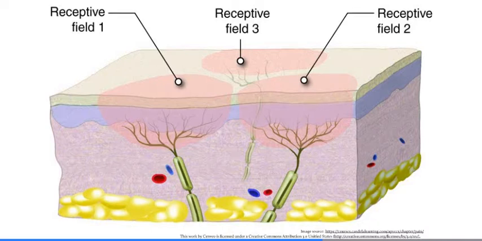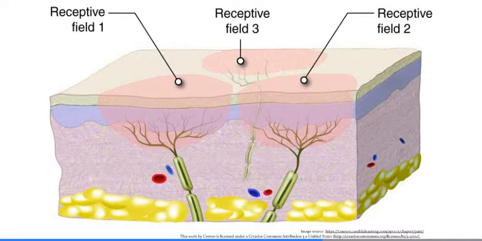Anything on receptive field number 2 is from a different discrete place. But anything within one of those receptive fields can't be distinguished from each other, because any of those nerve endings ending right there in that sort of halo that's colored in all go to the same nerve fiber that gets to the brain. So the brain can't tell which part of the receptive field was touched, just that little area.